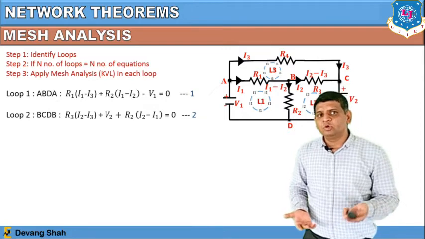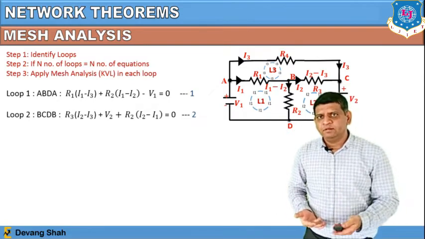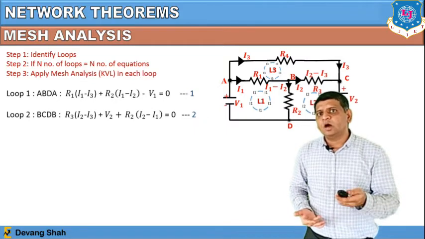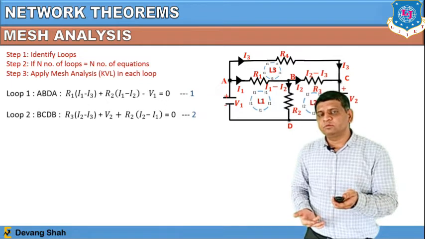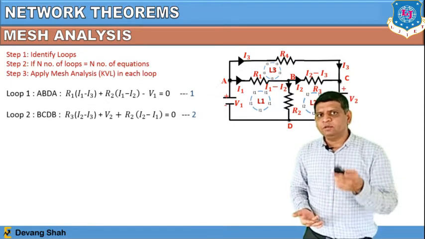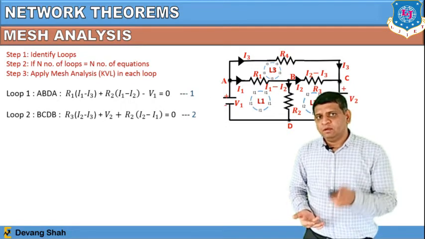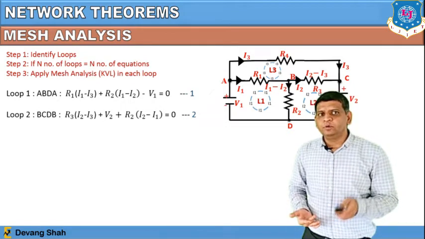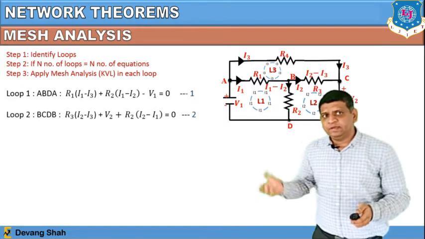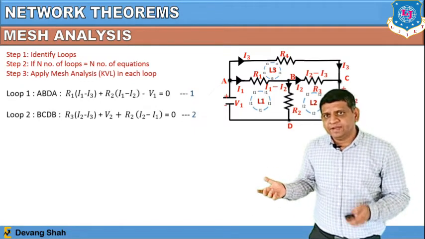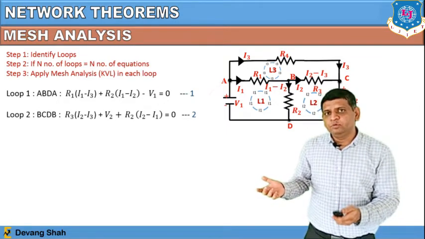Same way, once you go to point B, you have to go from B to D. That means you are passing through R2, right? So you are current I1, and which current is opposing you? I2. So your second term is plus R2 in bracket I1 minus I2, right? And once you finish the loop, you go from D to A. You can see here V1, the first sign of V1 as a battery, you face as a minus.